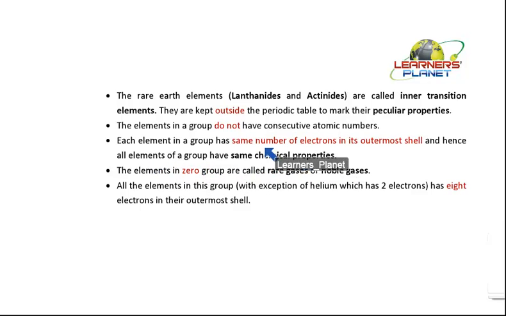I'll show you here. Say I am arranging lithium, sodium, potassium, rubidium. So this is the first A group. Now the atomic number of lithium is 3, sodium is 11, potassium is 19. The number of electrons in the outermost shell is 1.